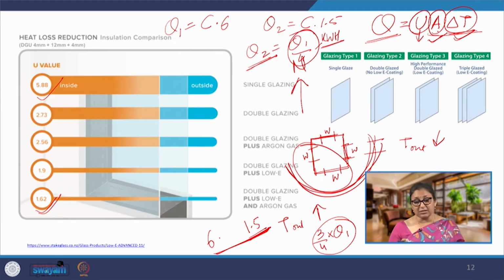The next is SHGC, the other property. Now, how we influence SHGC is, we have to reduce the radiation from transferring through this transparent material. So, what we can do?